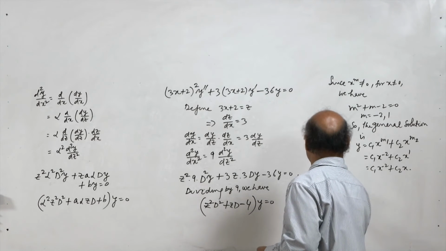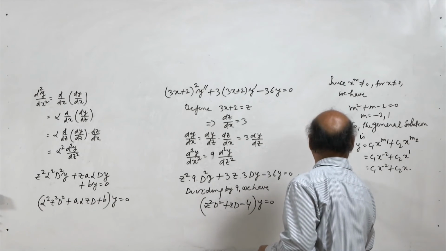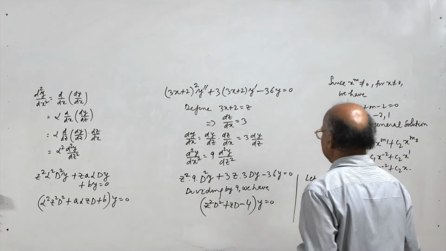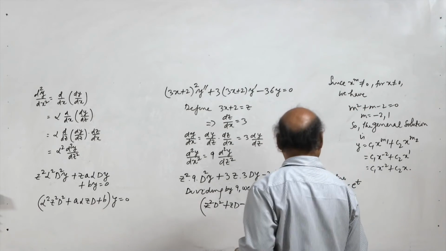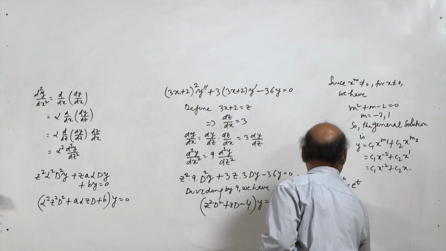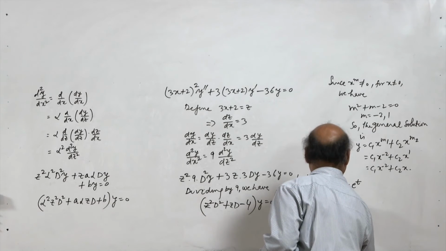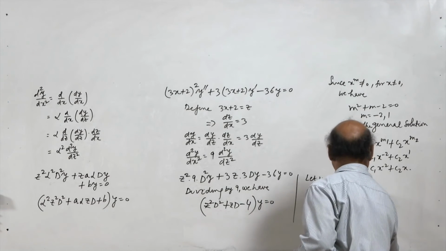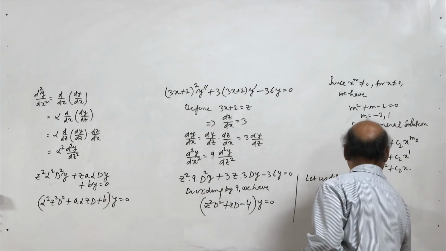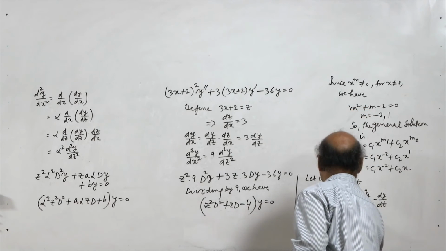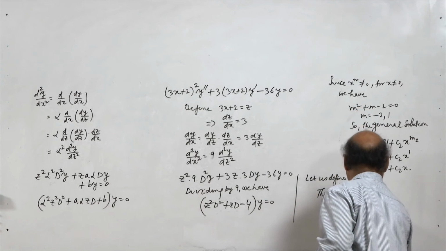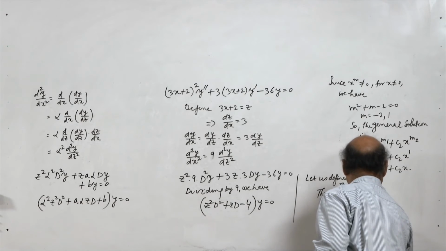So, it can be solved by defining, now the independent variable is z, z equal to e to the power t. Then z square d square y by dz square will be equal to d square y over dt square minus dy by dt, and z dy by dz will be equal to dy by dt.